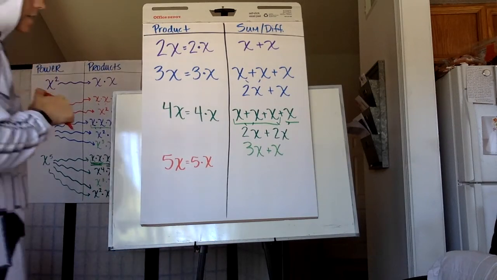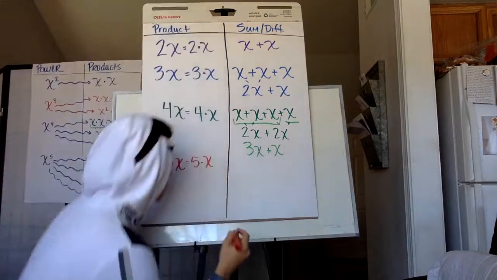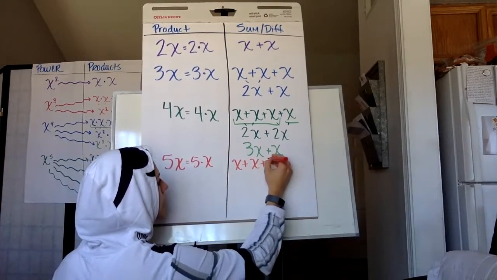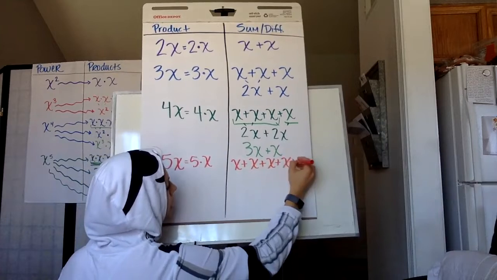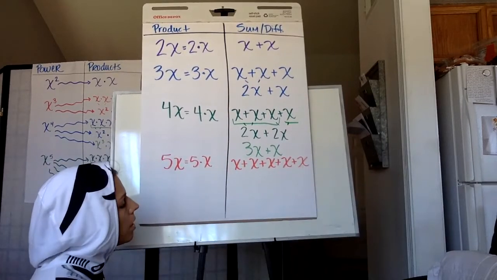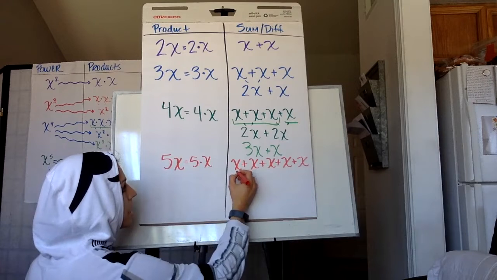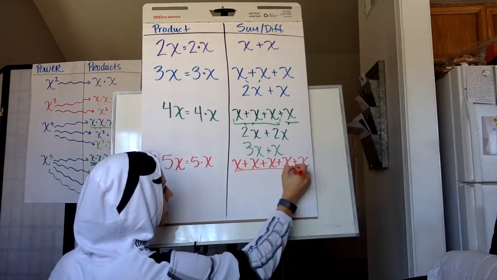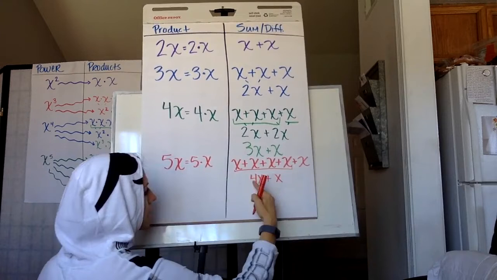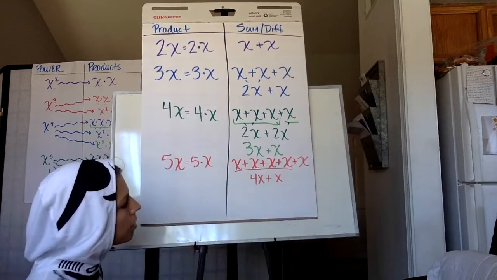All right, let's go ahead and start with the obvious one. So 5x means 5 x's: x plus x plus x plus another x plus another x. All right, that's kind of the obvious one. What else could we do? Well, I see 4 x's here plus that other one. So that could be 4x plus x. That's 4 plus 1 more is 5.